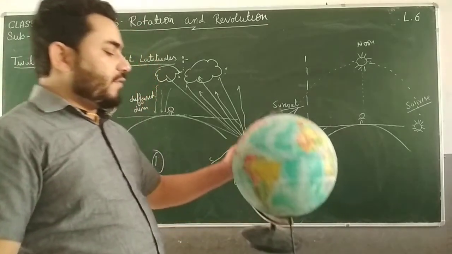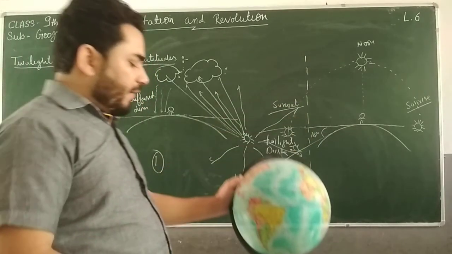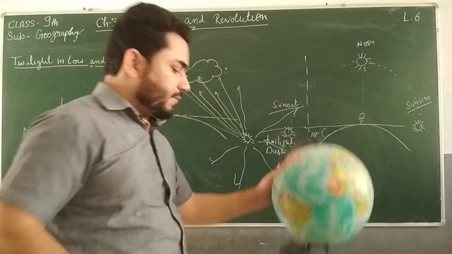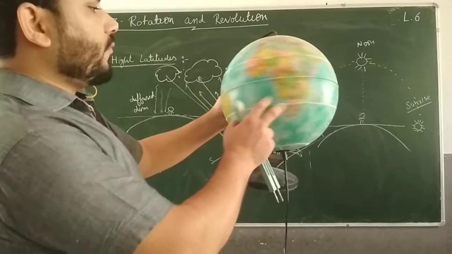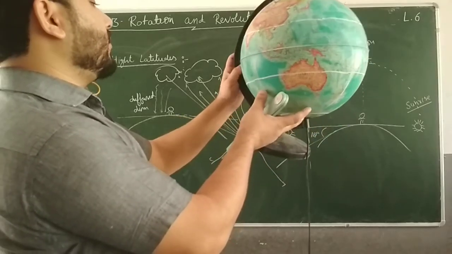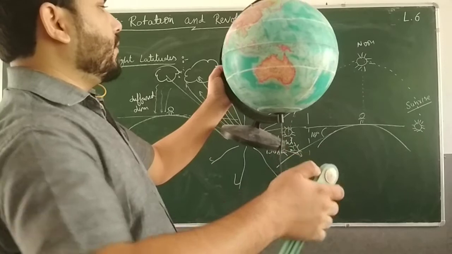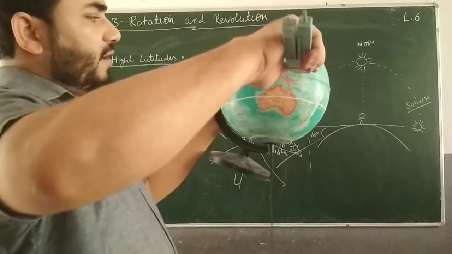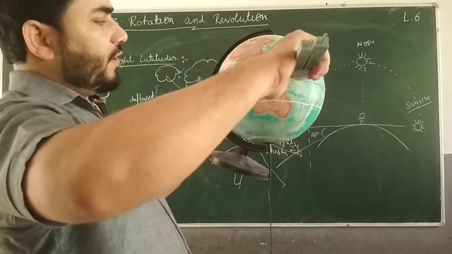Why will it be 1 hour? Suppose this is the equator, and some country is here, like this, in Africa, and the sun remains most of the time in front of the equator.